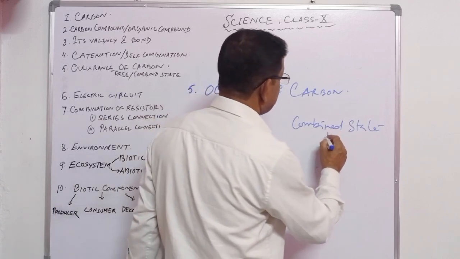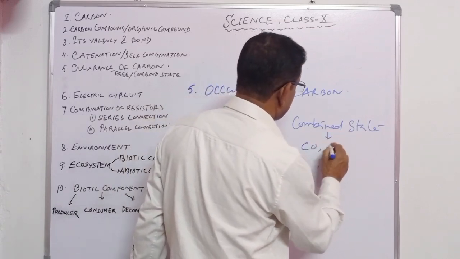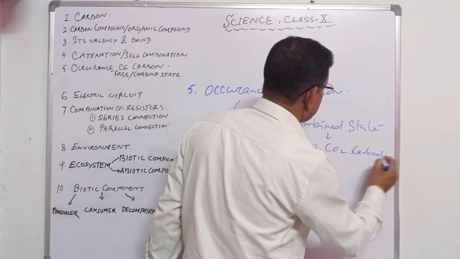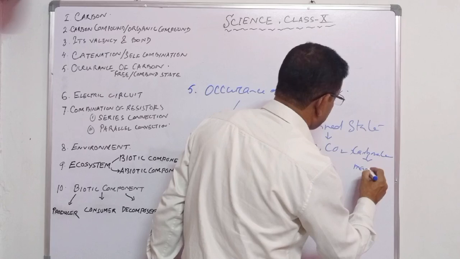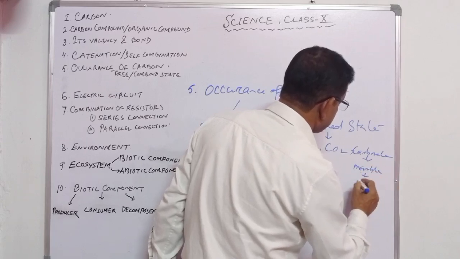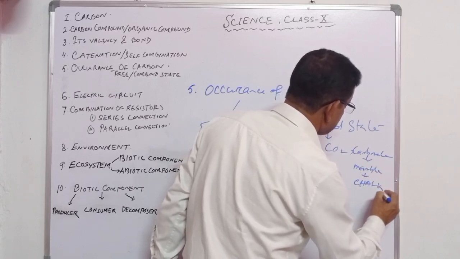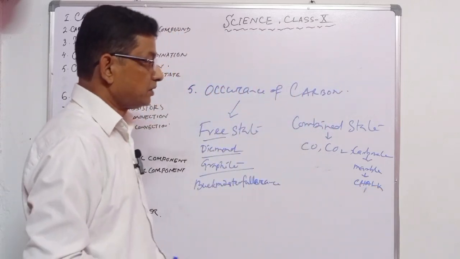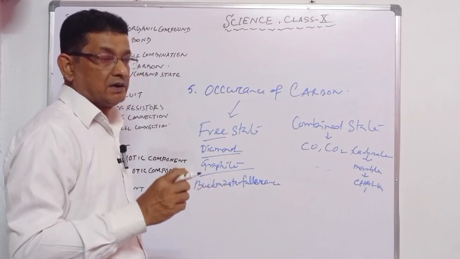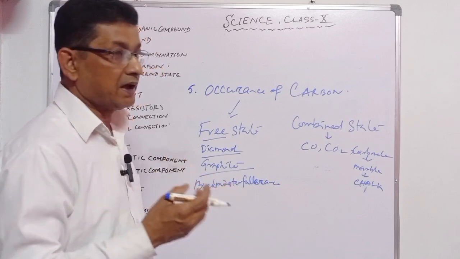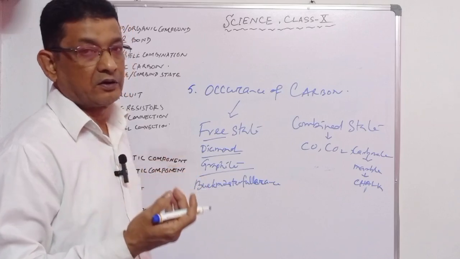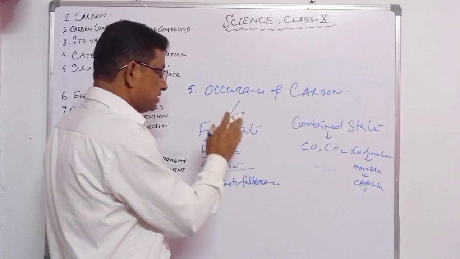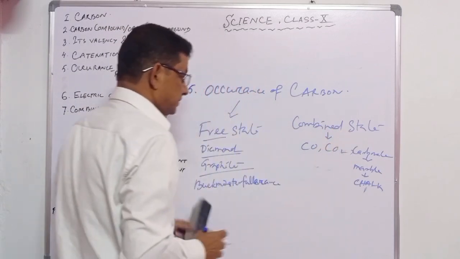In combined state, we may get it as carbon monoxide, carbon dioxide, carbonate in the form of marble, chalk, etc. And also we find it in different types of compounds, as in plant oil, edible fats, or other forms. So these are the occurrences of carbon, that is, in free state and combined state.